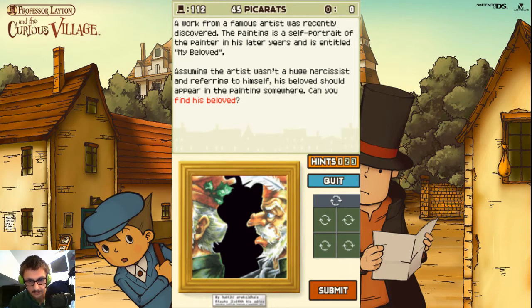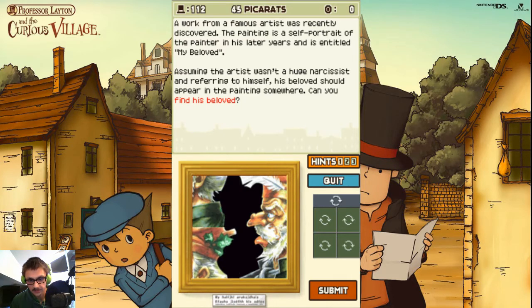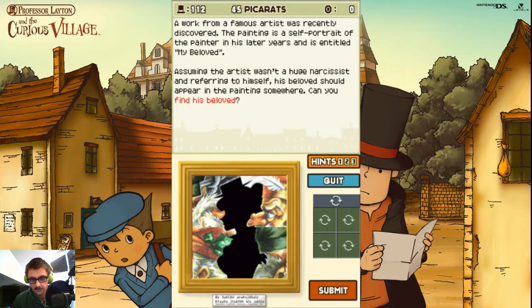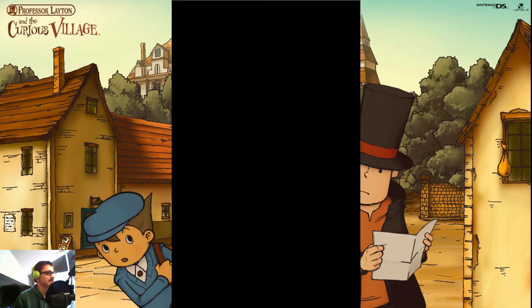Okay, so that piece goes there. That piece goes there. No. Rotate, and rotate that one. There we go. Hey, I think I've got it!